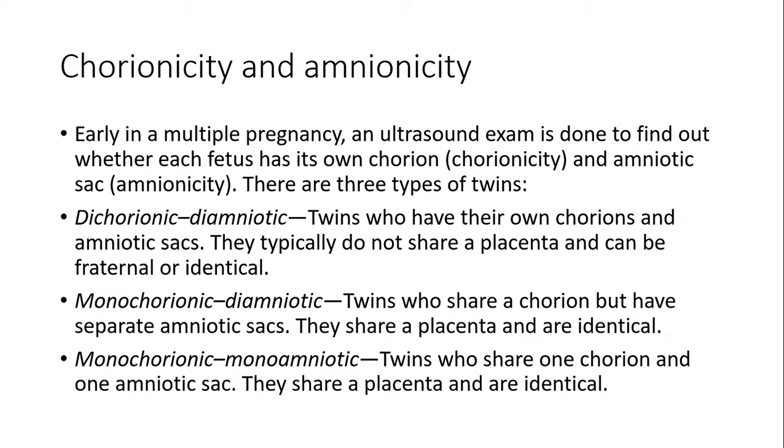Early in multiple pregnancies, an ultrasound exam is done to find out whether each fetus has its own chorion and amniotic sac. So it must be done as early as possible.